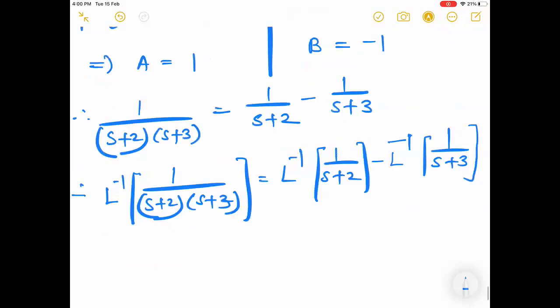And this comes under which formula? 1 upon s plus a inverse transform. क्या आंसर होगा इसका? 1 upon s plus a. Which formula? E raised to minus at. S plus 2. Yes. So e raised to minus 2t minus e raised to minus 3t. That's it.